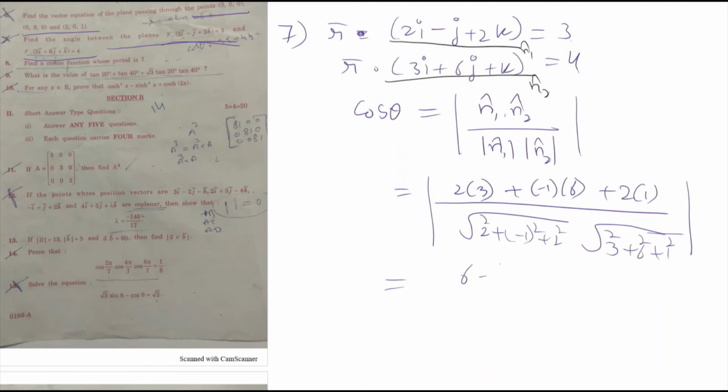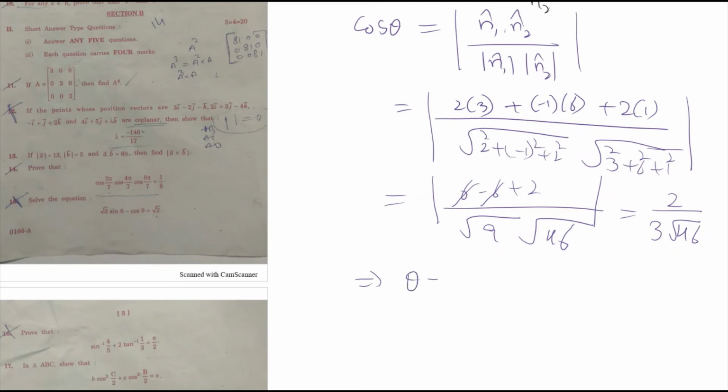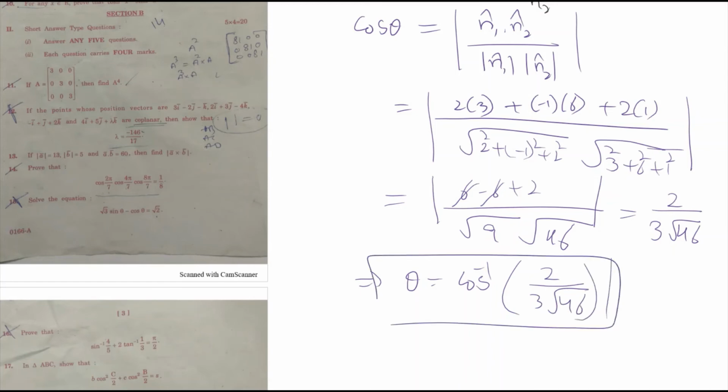This is 6 minus 6 plus 2 by root over 4 plus 4 plus 1, which is root 9, and 9 plus 36 plus 1 is root 46. So 6 minus 6 gets cancelled, this is 2 by 3 into root 46. Therefore theta equals cos inverse of 2 by 3 root 46. So this is the required angle.